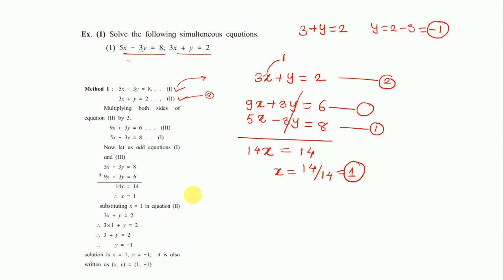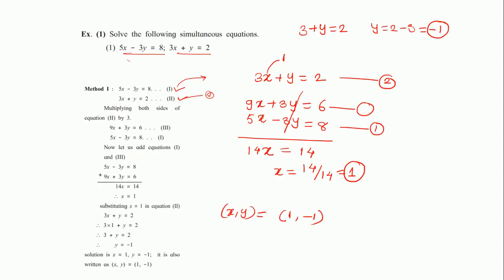So we got the value of x and y: x comma y equal to 1 comma minus 1. This is method number one: substitute the value of x in another equation and find the value of y.